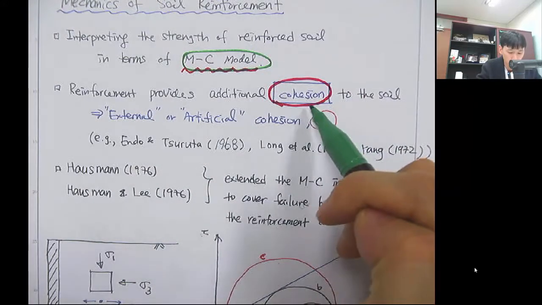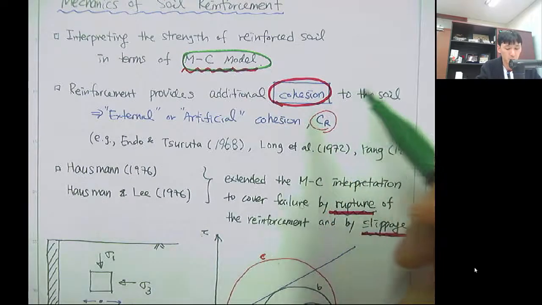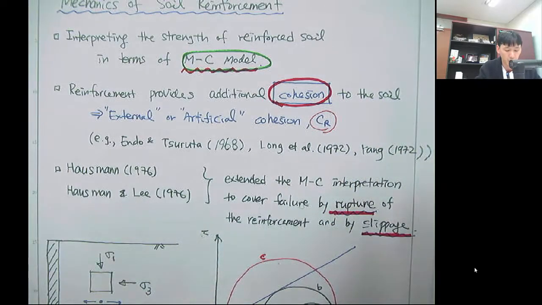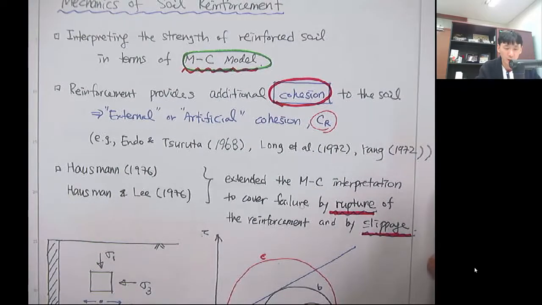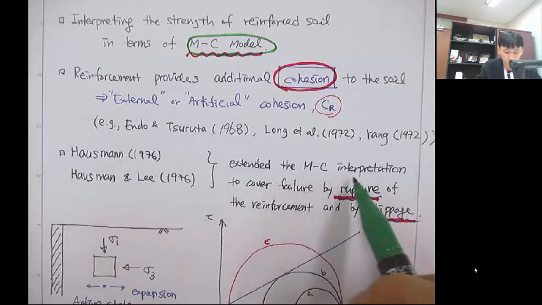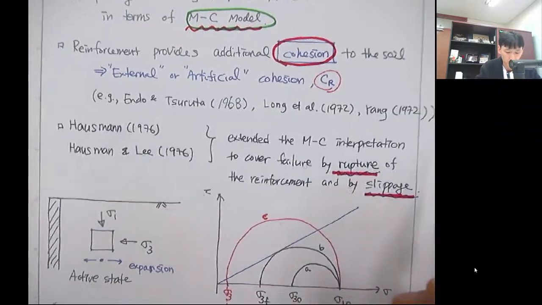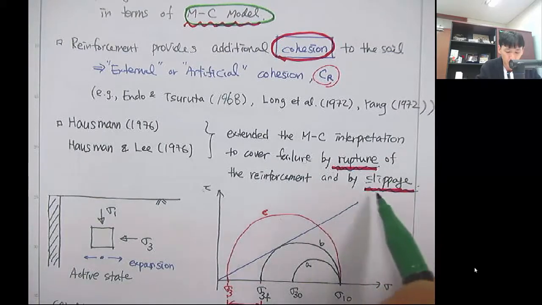So by adding a cohesion term into the soil property, people consider the soil reinforced. Hausmann and Lee also extended this Mohr-Coulomb interpretation to cover failure by rupture and slippage.